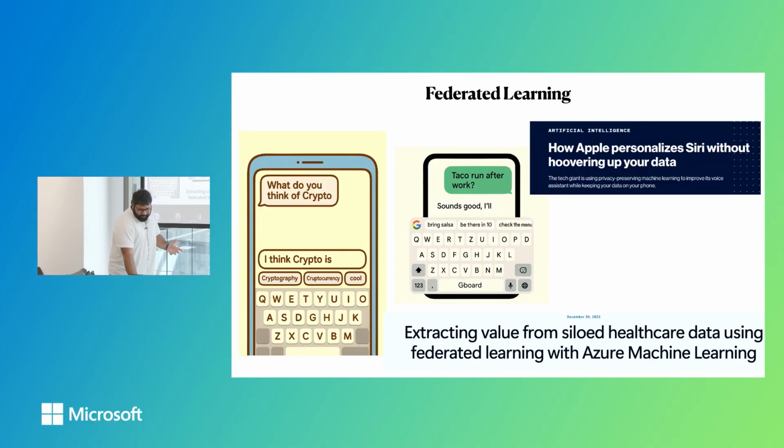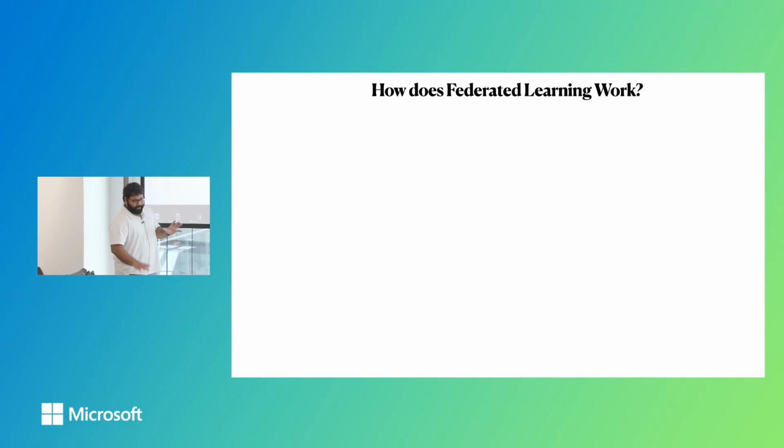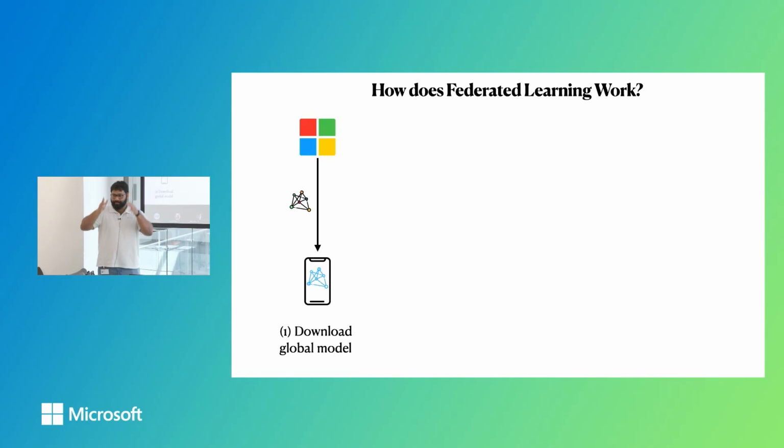All right, so how does federated learning really work? How does this collaborative learning work? The idea is that first you have a server that's going to send a global model to your device, okay? There is a model existing on my device already, and you get this global model from a server.